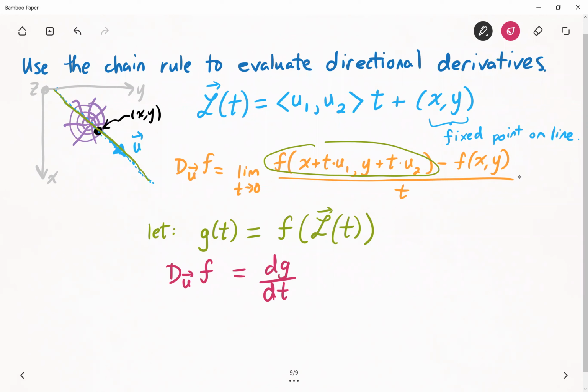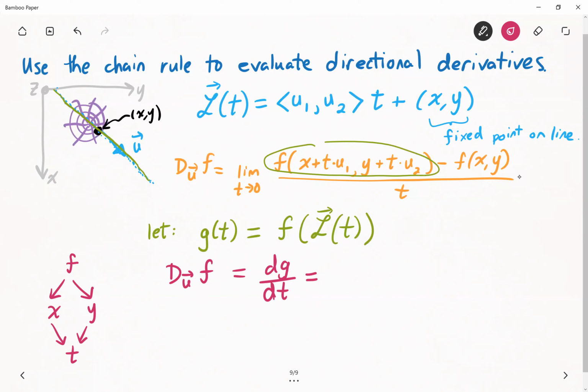Right? So this function g of t is a combination of f and L. So f depends on two variables, x and y, and x and y here are both functions of t. So this tells us that we can calculate the directional derivative, right, using the chain rule.